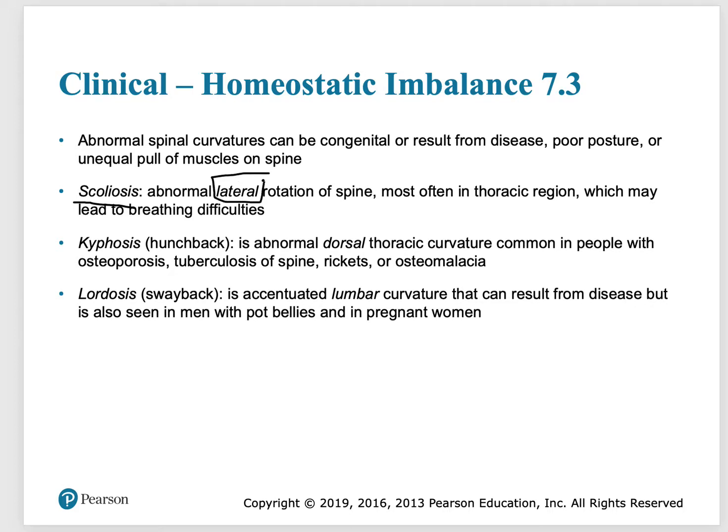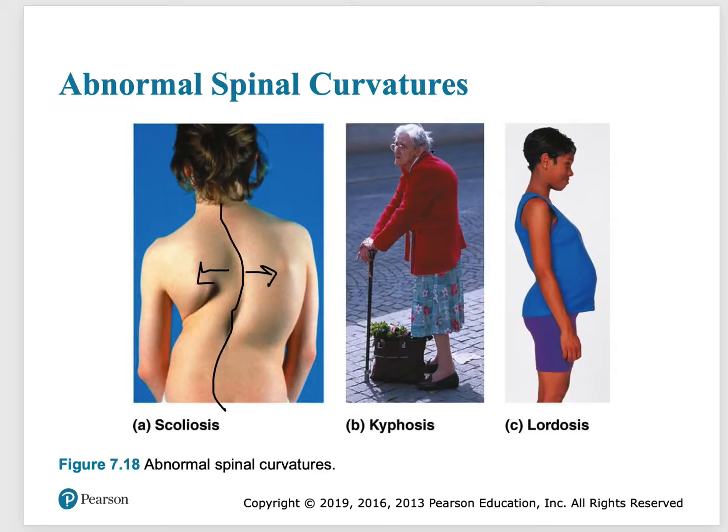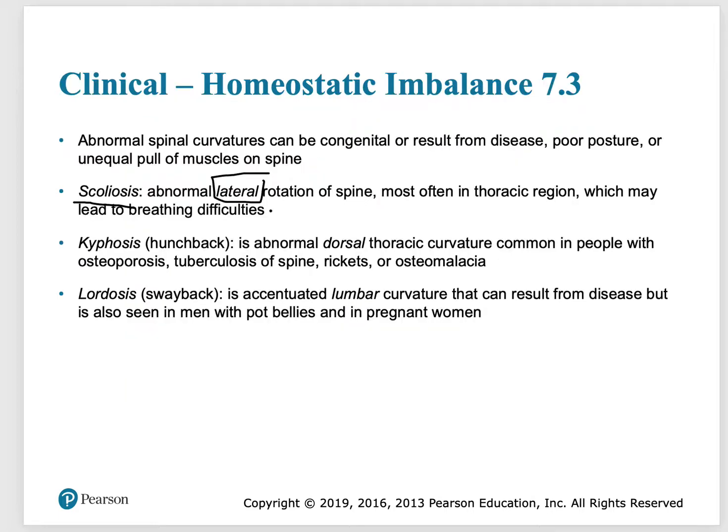A lot of times, if this is caught during childhood or as a teenager, you have a better chance of healing better, because I like to catch it as soon as possible. You may have to have different surgical interventions to correct it. All right, kyphosis is a hunchback, an abnormal dorsal curvature.